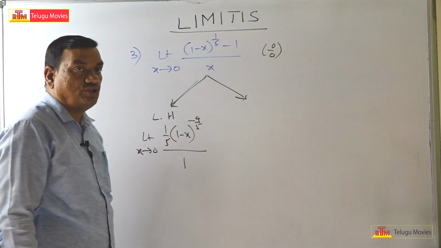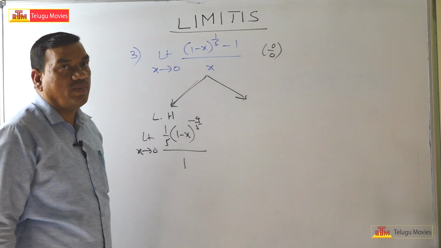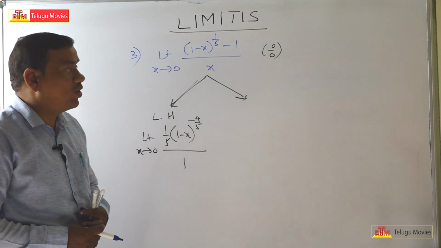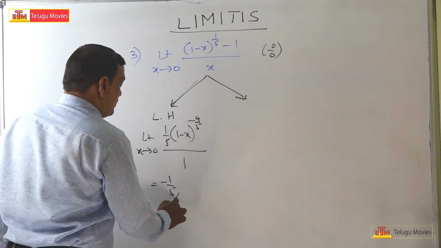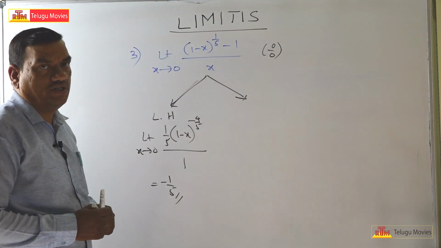As x tends to 0, substitute the x value here, 1 to the power of minus 4 by 5. So, that will be minus 1 by 5.